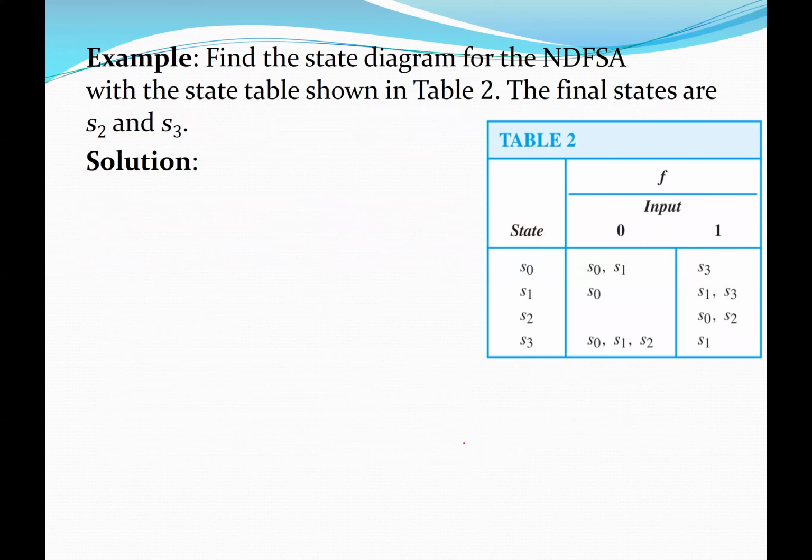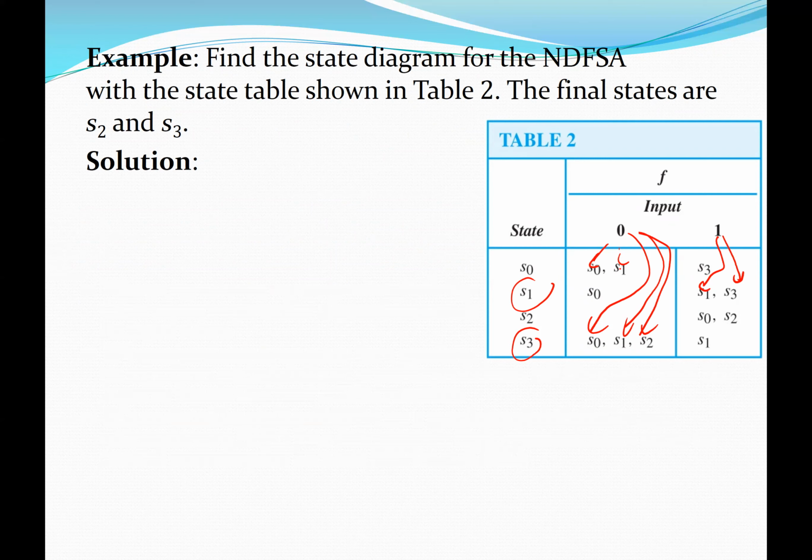Okay, you can see here that this is a non-deterministic FSA. S0 sends 0 both to S0 and S1. And then S1 sends 1 both to S1 and S3. And then S3 here you can see sends 0 to S0, S1, and S2. So this is what we call non-deterministic FSA.